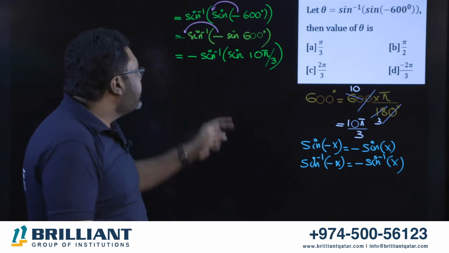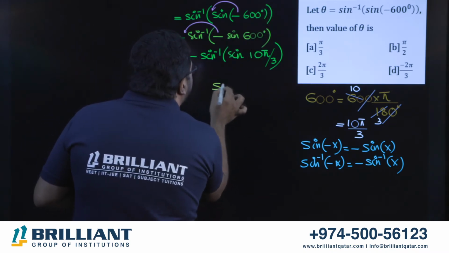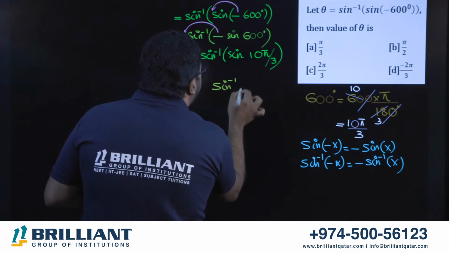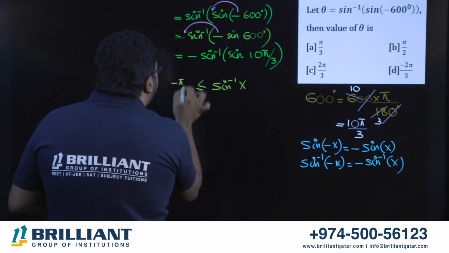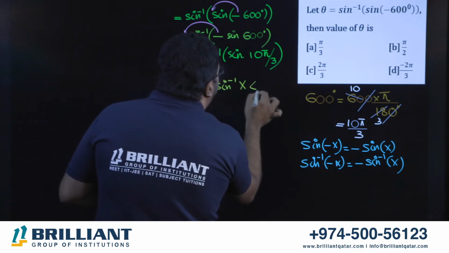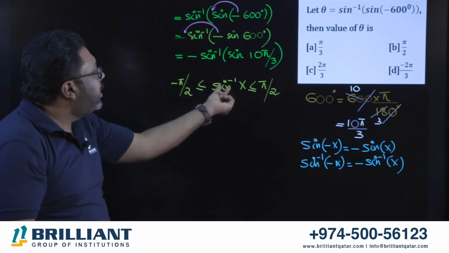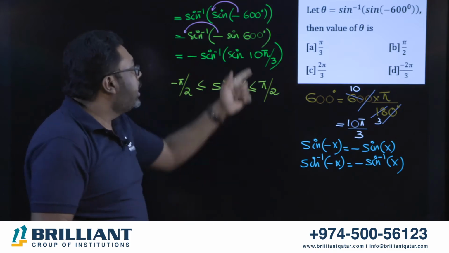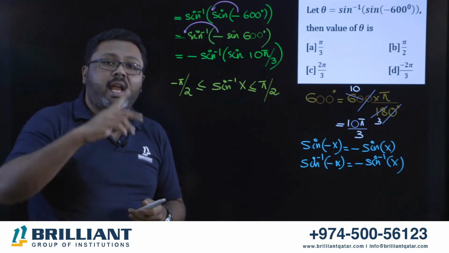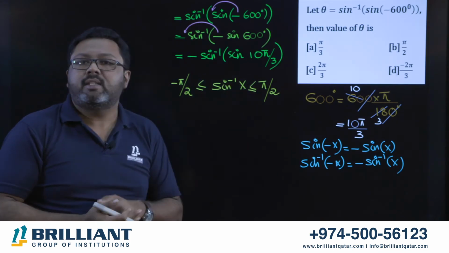According to that concept, sine inverse of x should always have a value between minus pi by 2 and pi by 2. The principal value branch of sine inverse x should be an angle between minus 90 and plus 90. This 10 pi by 3 is 600 degrees. It's not between minus 90 and plus 90.